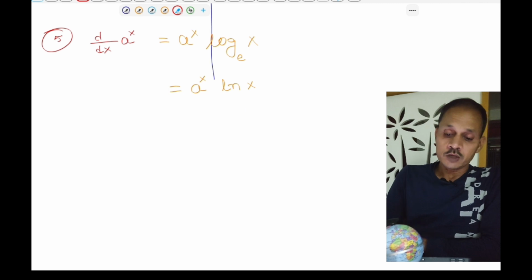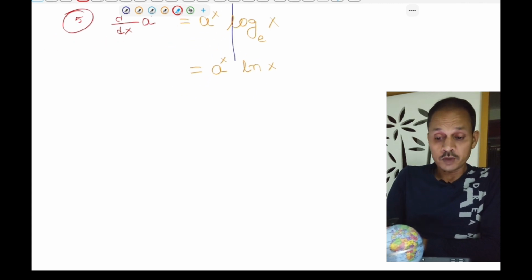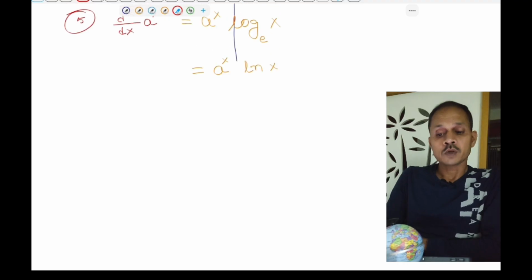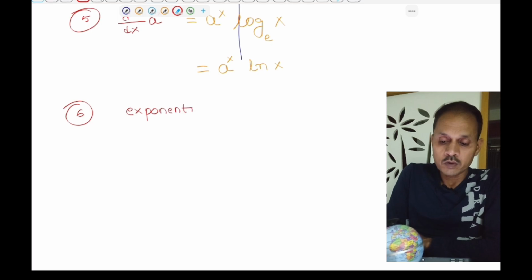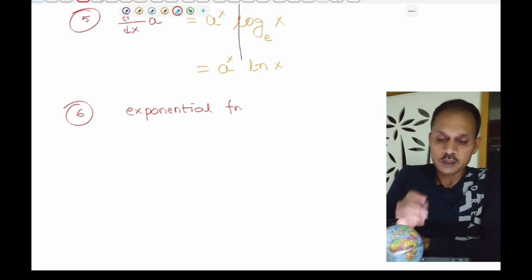So these are all from algebraic functions. Okay, there is one more. If there is an exponential function, remember this carefully.